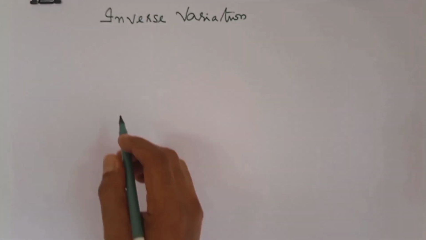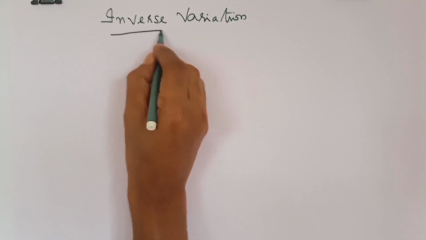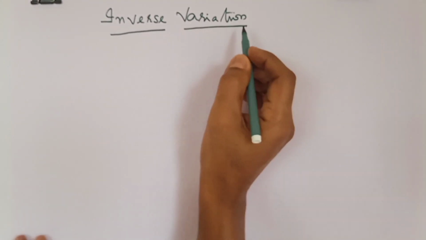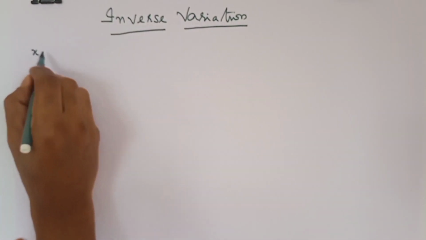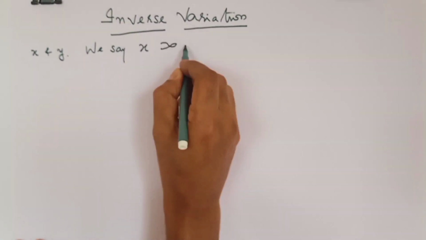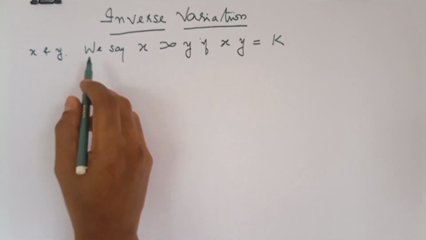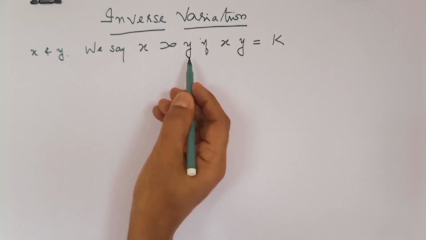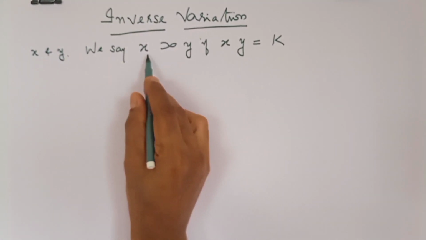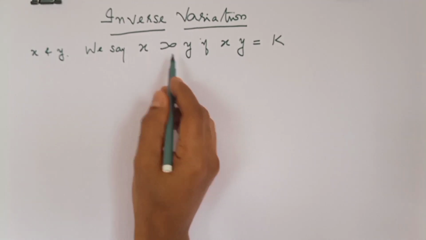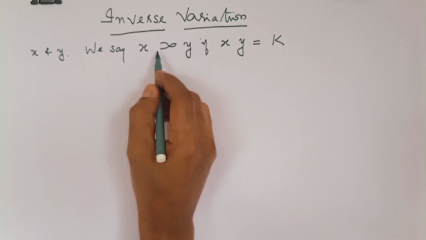The second kind of variation is inverse variation. Take two variables, x and y. We say x is inversely proportional to y, or x varies inversely as y. This is the mathematical notation for that.